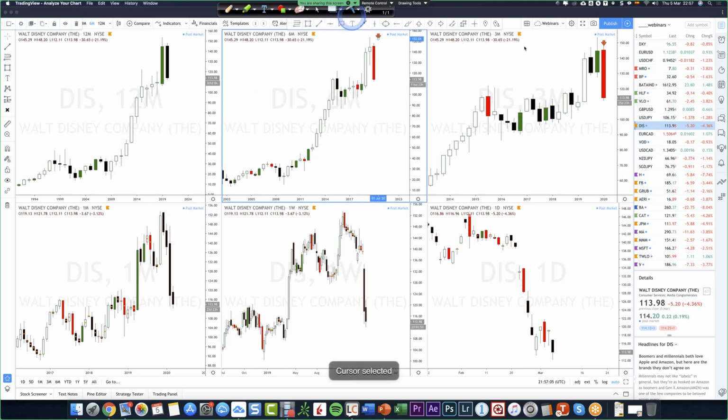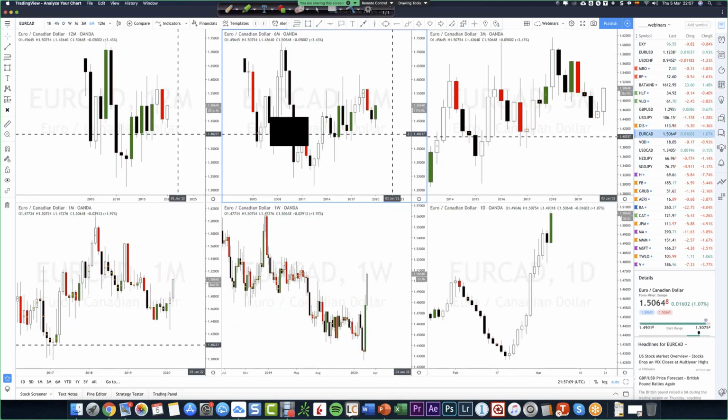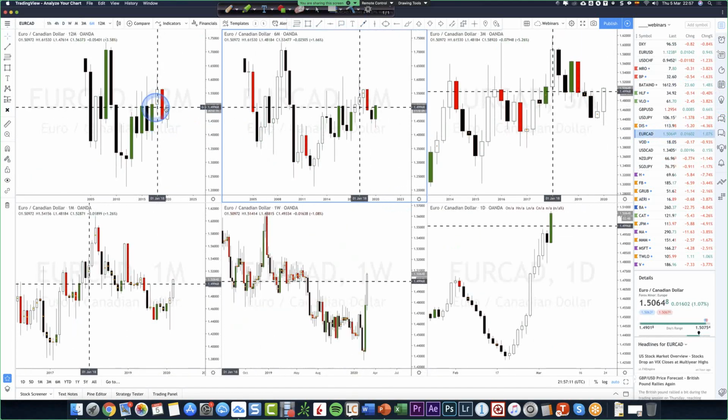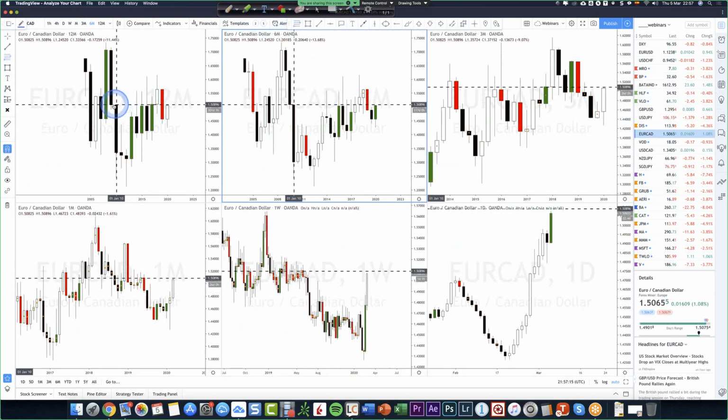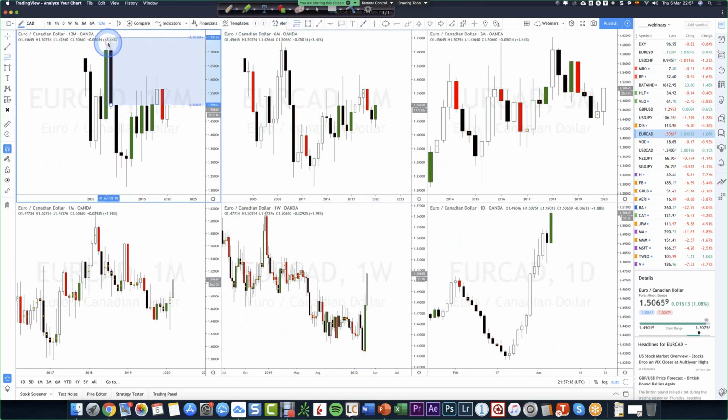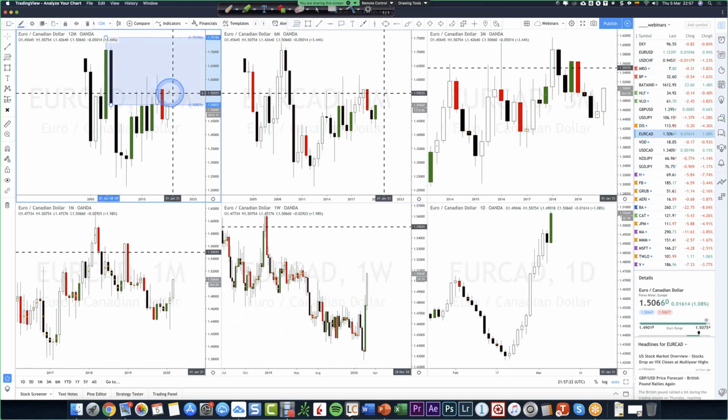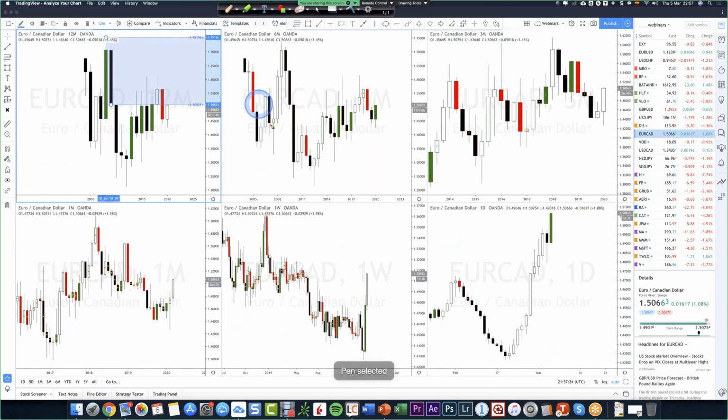Okay. So next one, EuroCAD. On the EuroCAD, we've got this super wide area of supply on the 12 months. We have the bearish engulfing pattern on the monthly, but then we have also here 1 and 2 bullish engulfing patterns.